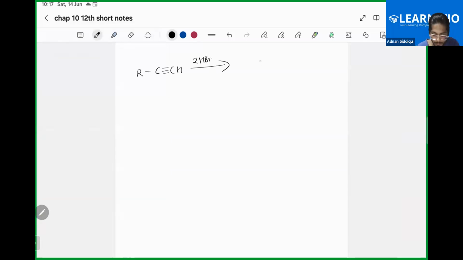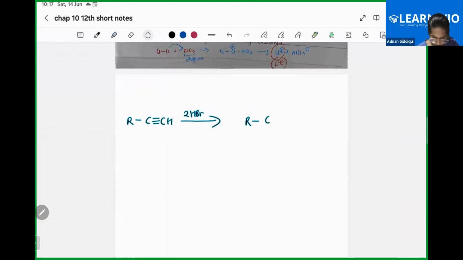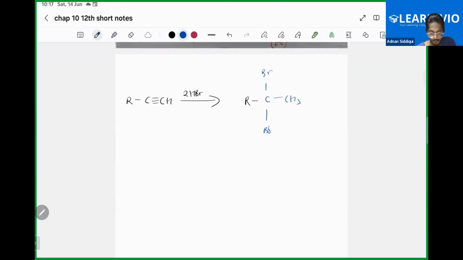Suppose you are doing this, then what will happen is it will form a bond like this. If you have added pyridine, then this will go like this.